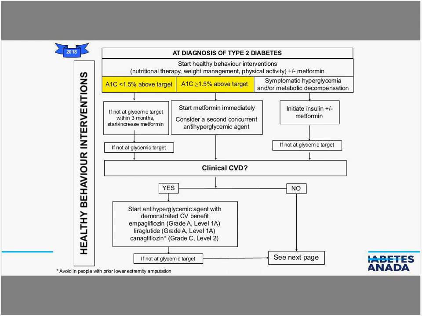If their A1C is greater than 1.5% above target, starting with metformin and looking at their response. If they've got polyuria, polydipsia, signs of catabolism, weight loss, visual blurring, then one can start with insulin right from the get-go.